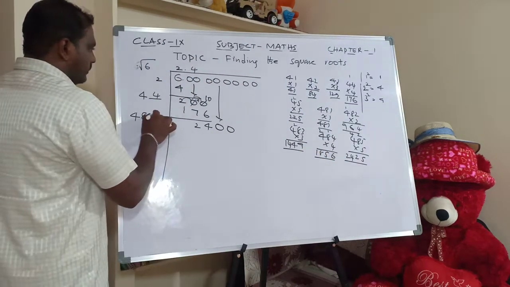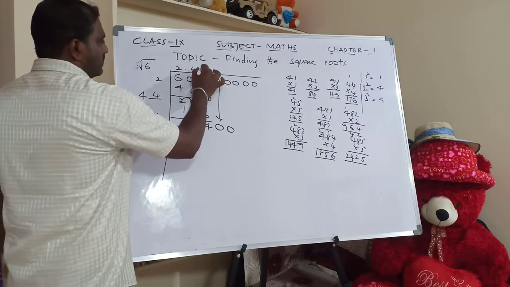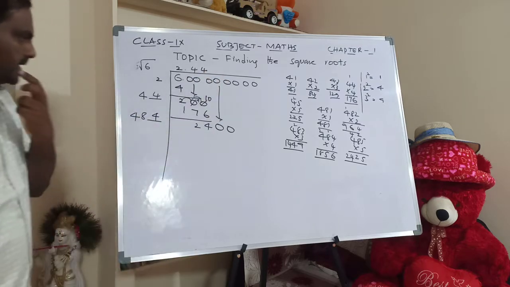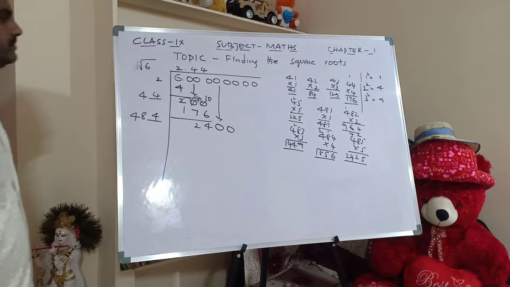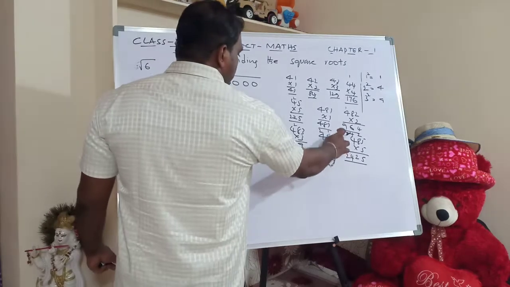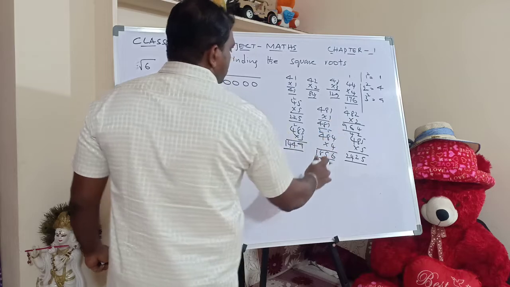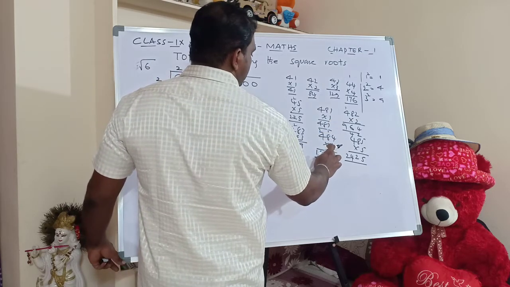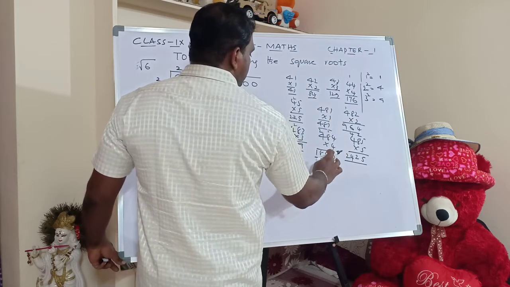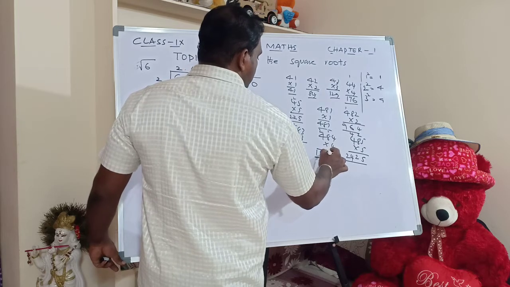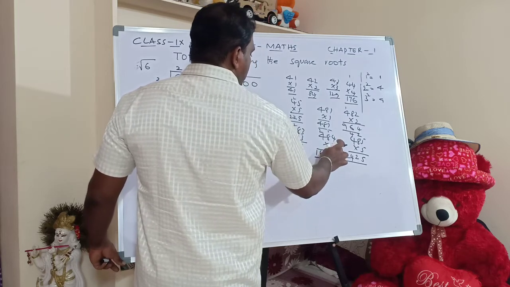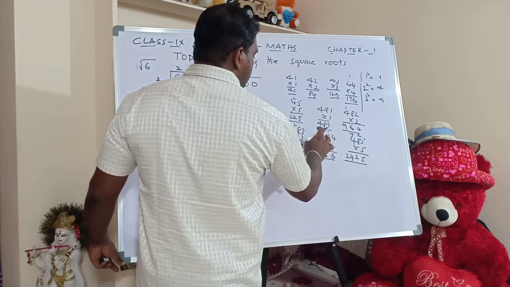That means 484 into 4. How much was it? 4. 4 4s are 16, 4 8s are 32, 33, 4 4s are 16.